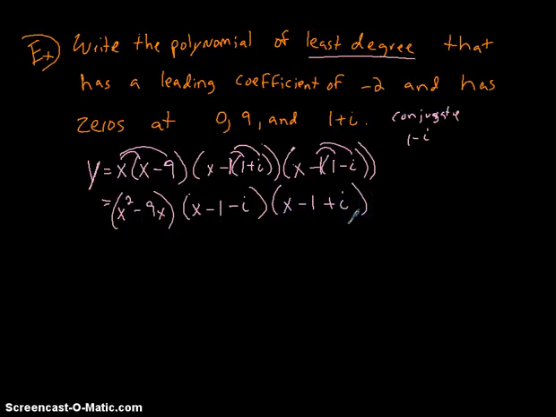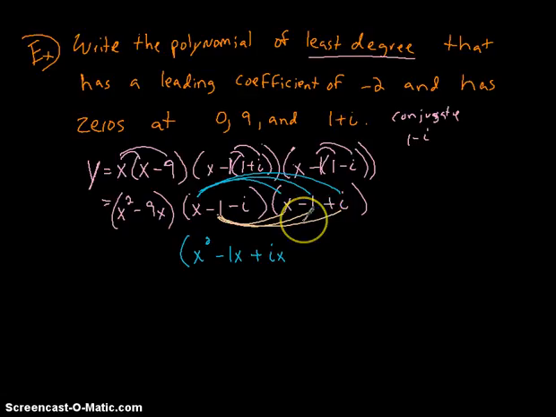Now I can begin folding this stuff together. I'll fold together these 2 first because magical stuff starts to happen when we multiply 2 conjugates, these 2 things with i's in them. So x times x, x times negative 1, x times i. It's x squared, negative 1x, and positive ix. And then negative 1 times x is negative 1x.